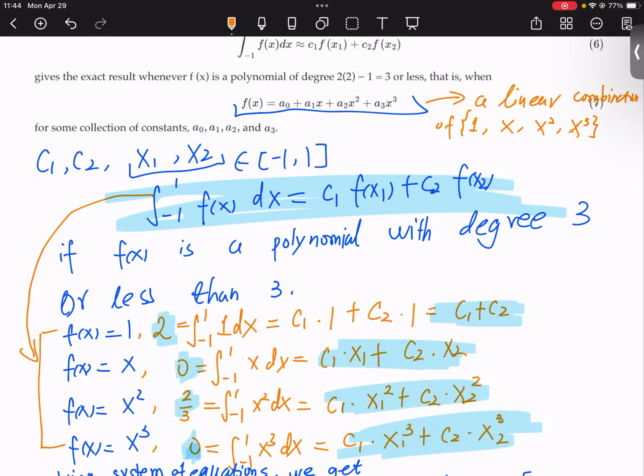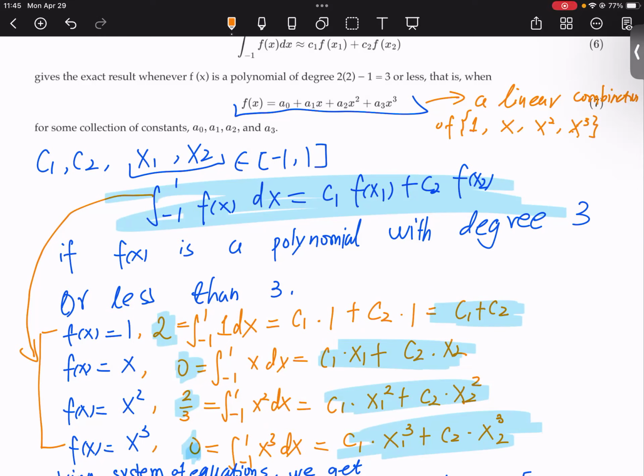Because we have degree of precision 3, the quadrature rule could be exact for such degree 3 polynomials, and these polynomials are linear combinations of these 4 basis functions.